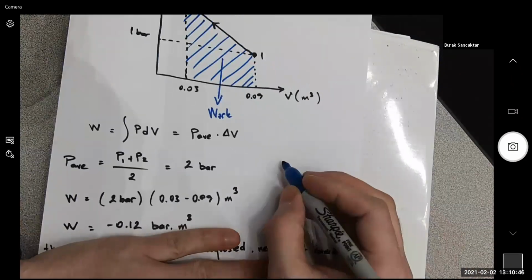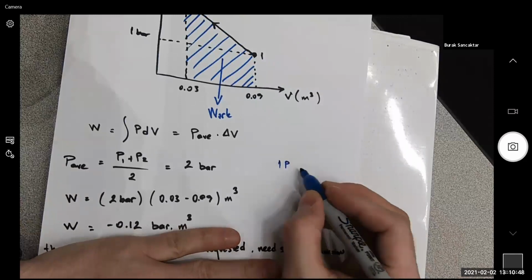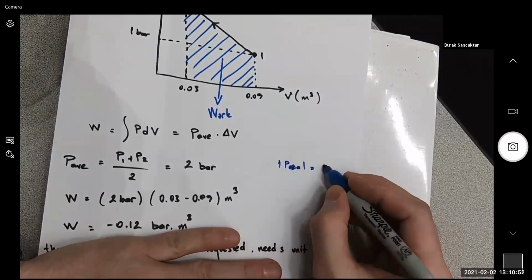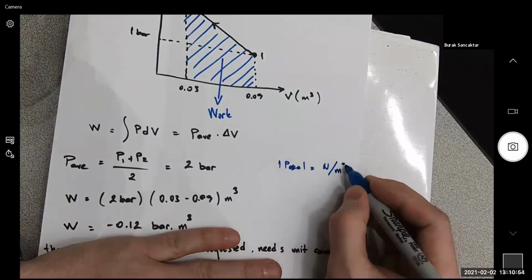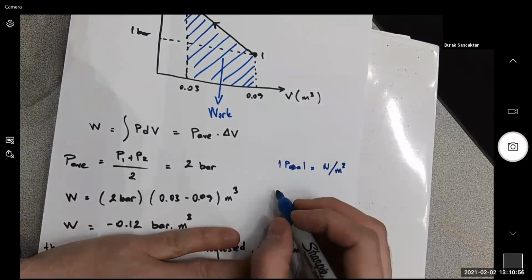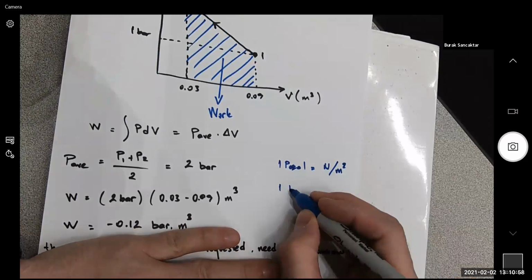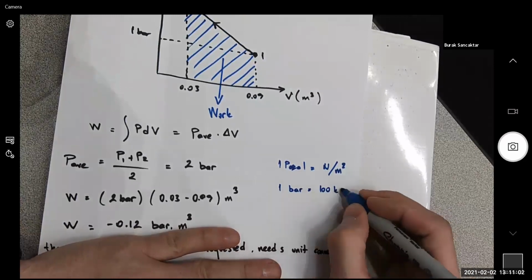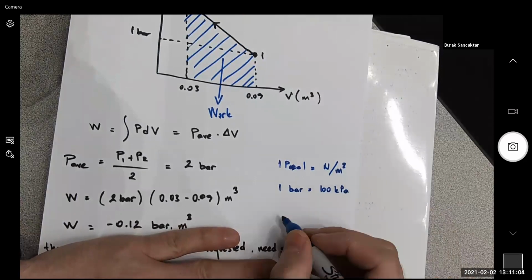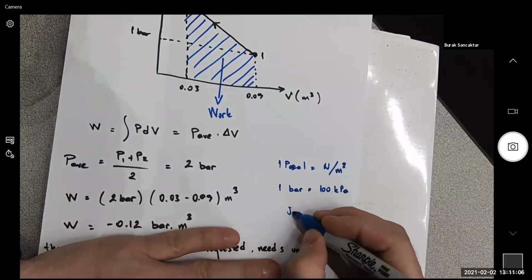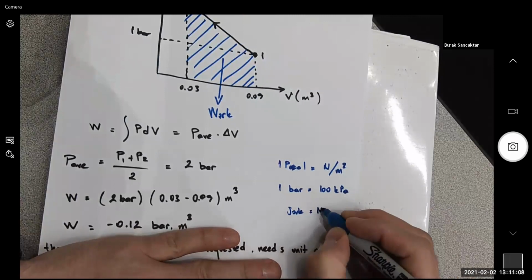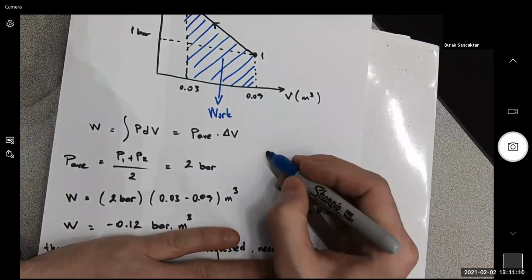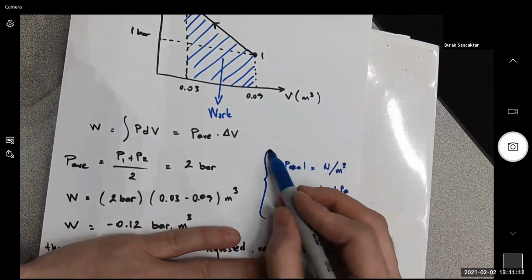1 Pascal equals Newton over meter squared, right? 1 bar equals 100 kilopascal, and joule equals Newton times meter.